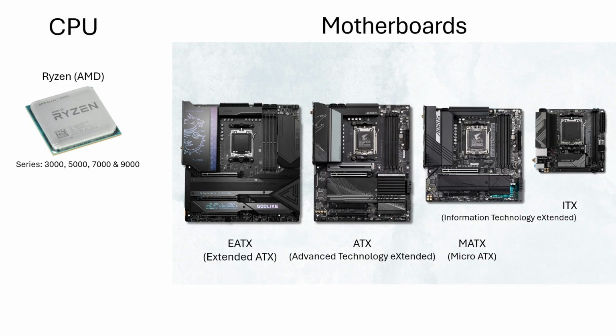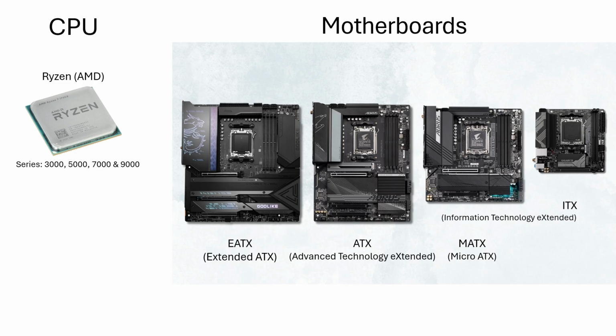Obviously, going from left to right is semi-old to newest, because obviously there's some older generations of Ryzen, but if I was going to recommend any series of Ryzen to you, I would recommend between the 3000 and the 9000 series, just because 3000's like early 2000s and 9000 is, I think, only released last year or this year.